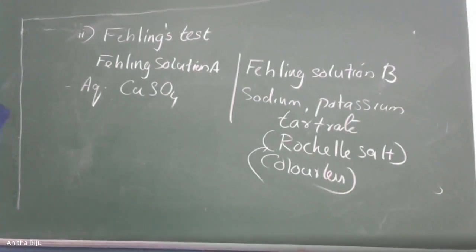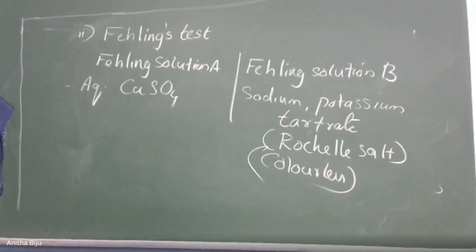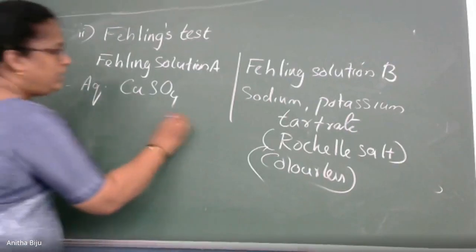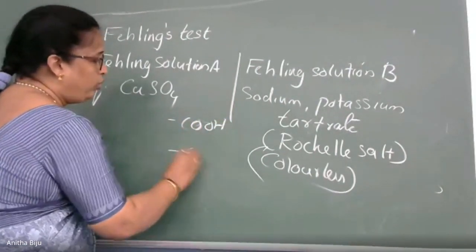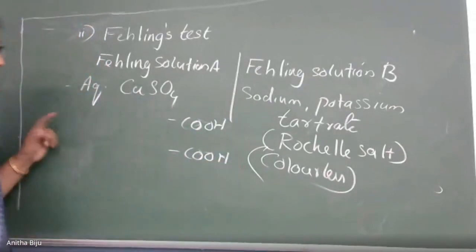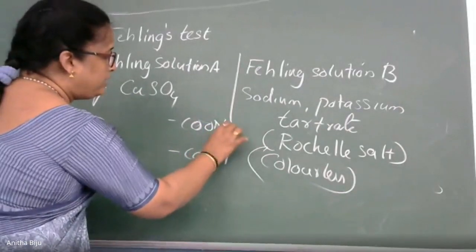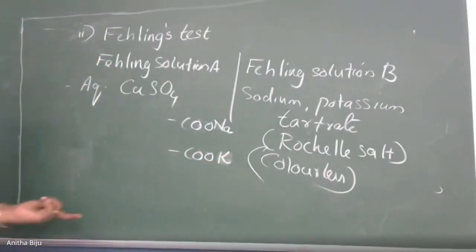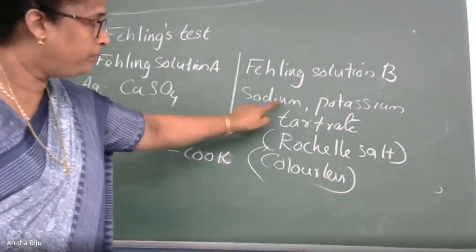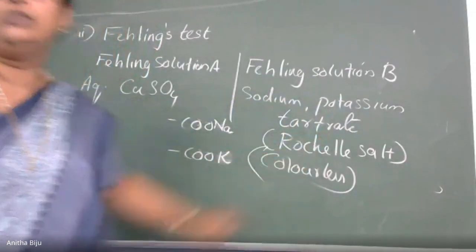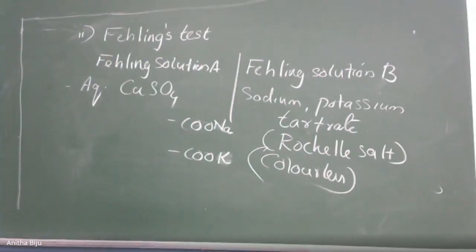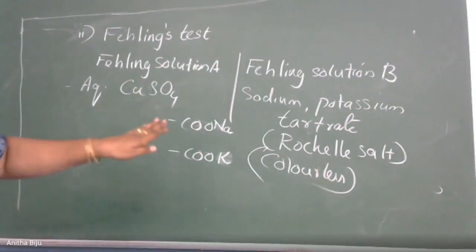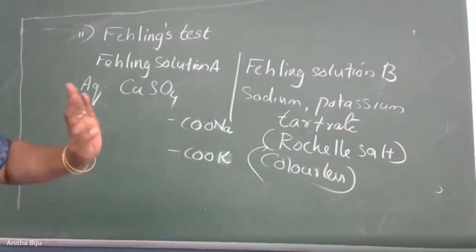This tartaric acid contains two COOH groups, and the first H is replaced by sodium, the second by potassium. That's why the name is sodium potassium tartrate. It is the sodium potassium salt of tartaric acid, and it is colorless in nature. So these are all prior information regarding Fehling solution test.